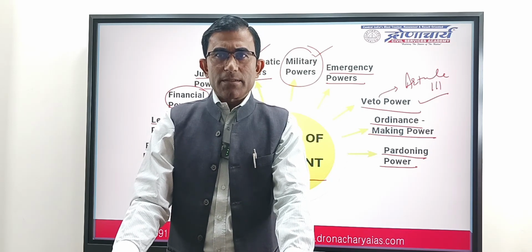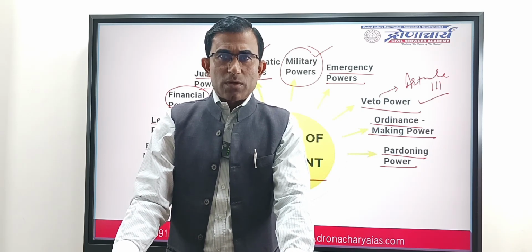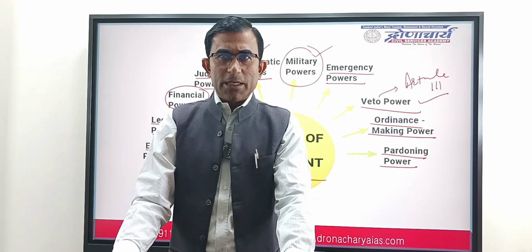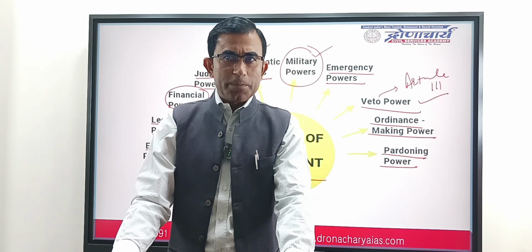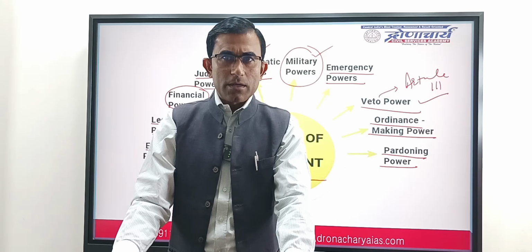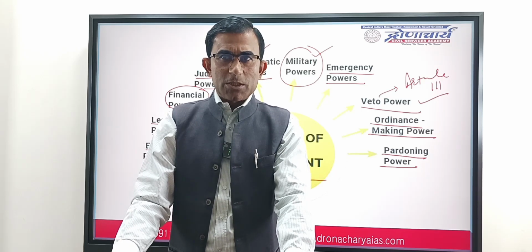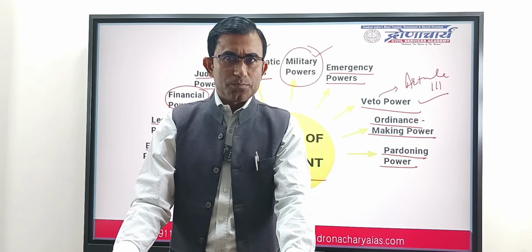The President has the power to grant pardons if the punishment of the crime is an offense against Union law, granted by the military code, or the punishment is that of death.